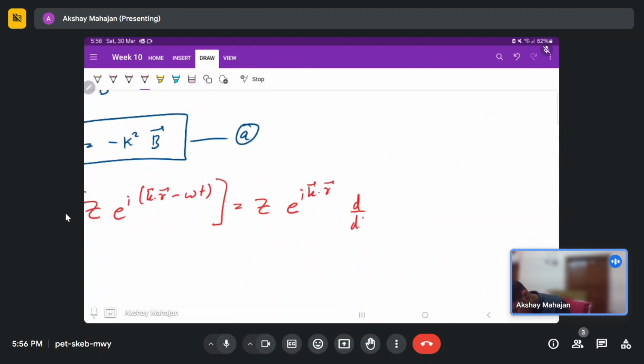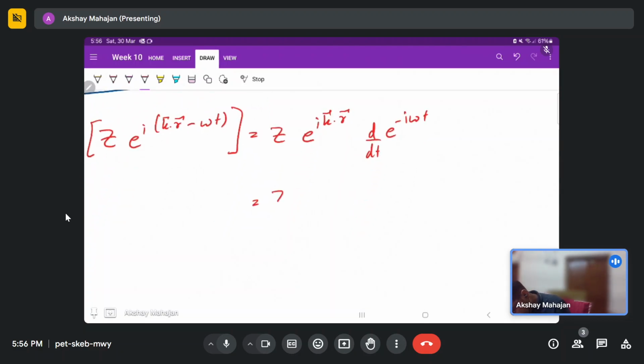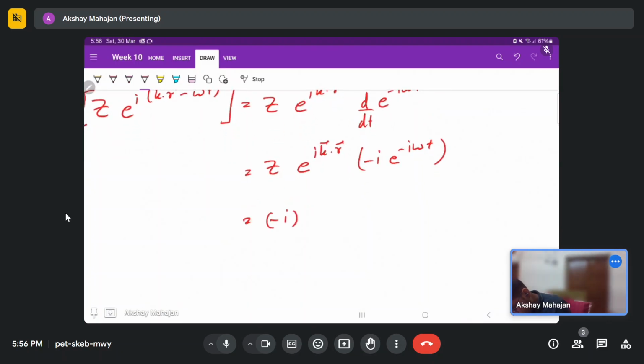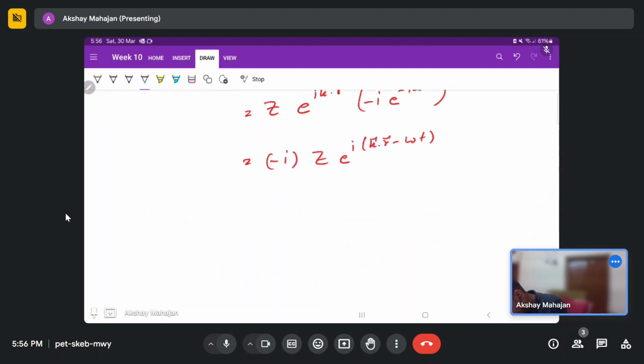We get d by dt of e to the power minus iota omega t. So we get z e to the power iota k vector dot r vector times minus iota omega e to the power minus iota omega t, which is again your b vector.